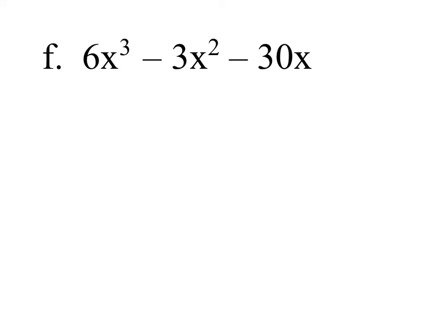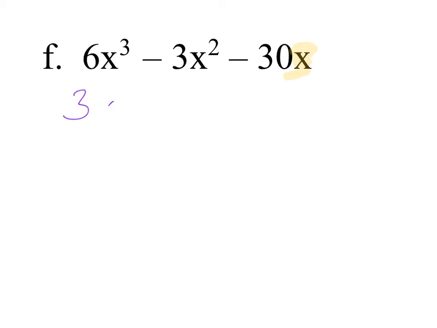Okay, I can factor out, let's see, they all have a 3 in them. So I can factor out a 3, and it looks like they all have an x. Right? 30 is divisible by 3, 3 is divisible by 3, and 6 is divisible by 3.